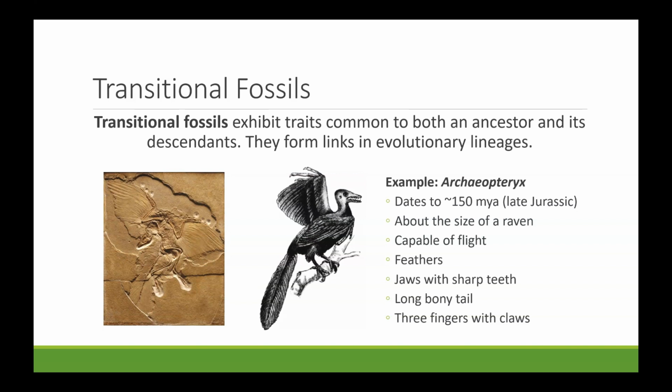It also had feathers, but in addition to those bird-like feathers, it had a jaw with sharp teeth in it, which birds don't have, and a long bony tail. So it didn't just have tail feathers, it had an actual proper tail. And it also had 3 fingers with claws. And these features are more like a dinosaur. So Archaeopteryx represents one point in time connecting the evolutionary lineage between dinosaurs and birds.